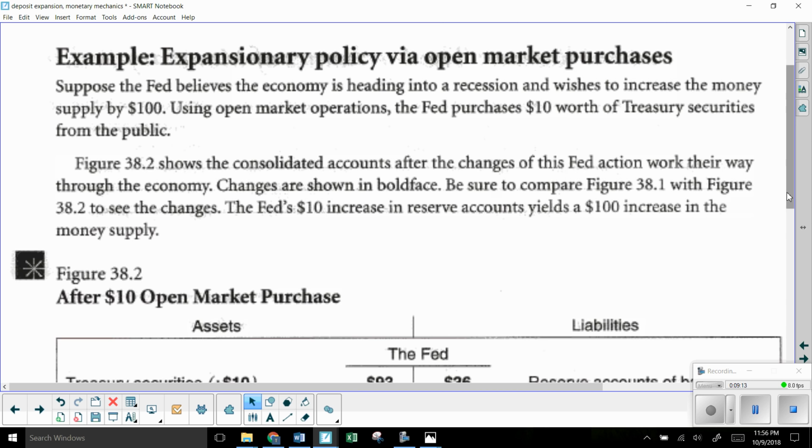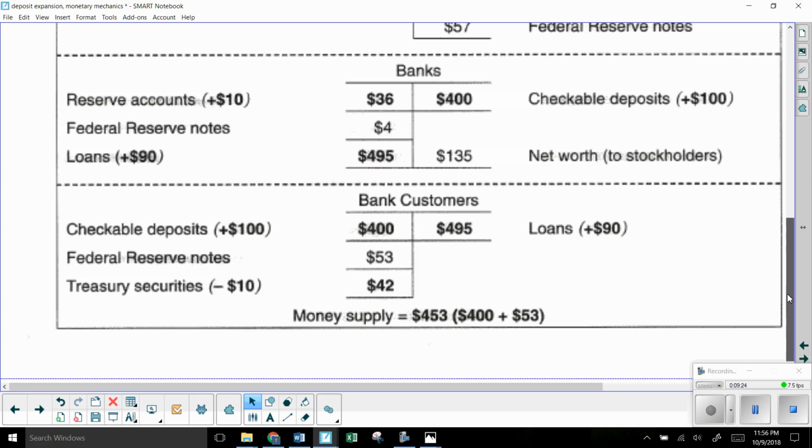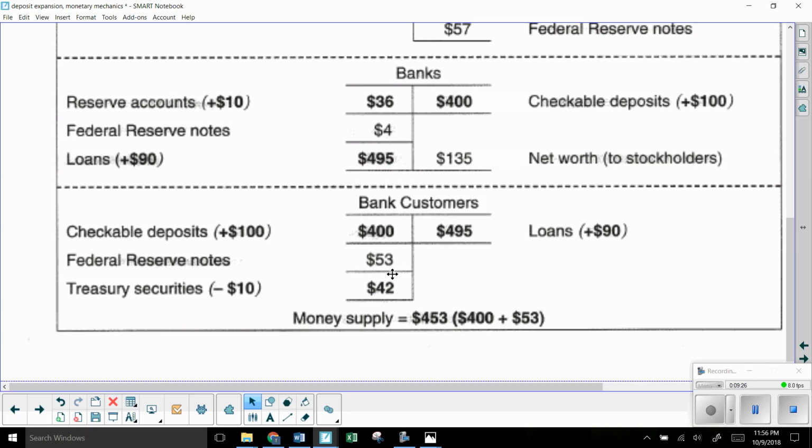It was $353 before, and now it's $453. And you think about what's the components of M1, the money supply that we're thinking of here. Well, it's going to be these 53 Federal Reserve notes, that's cash the public holds. And then it's going to be these $400 of money that the public holds in their checking accounts. So that's what equals the 453.